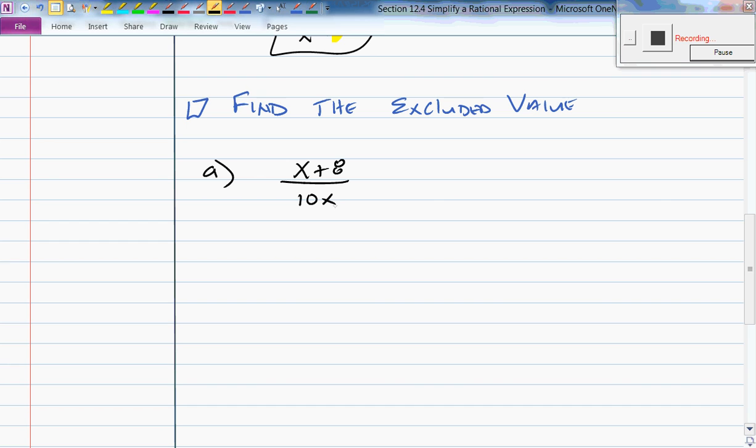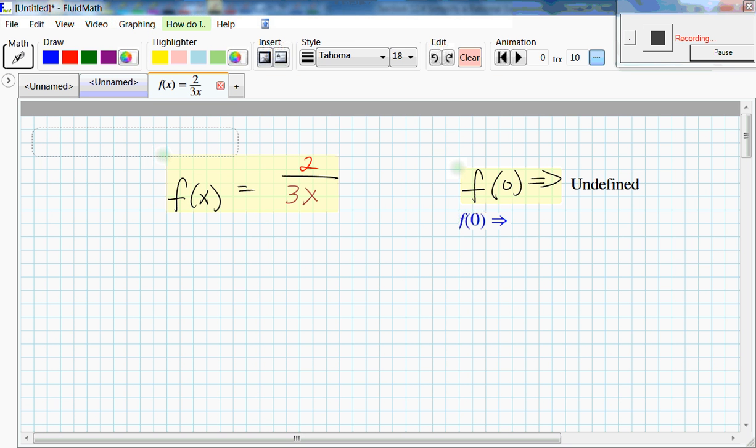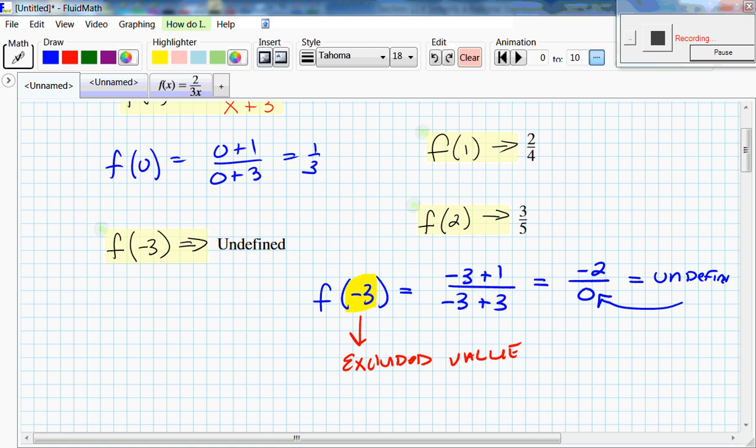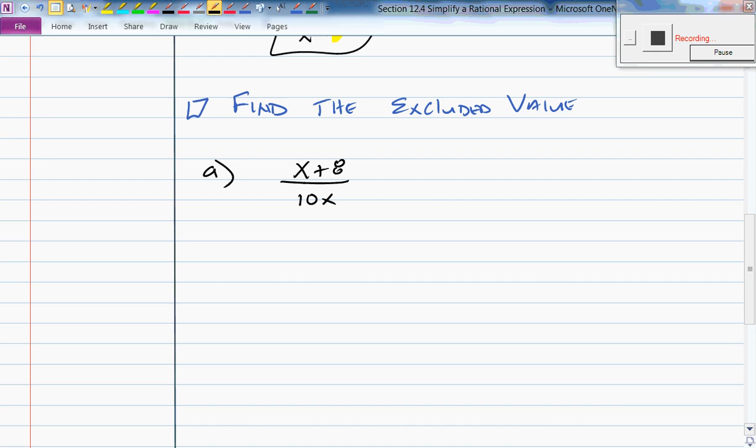What is the excluded value? Remember, we're looking for the undefined part. Michael, what do you think it is, buddy? Why do you say that? Right. So the way that we write that, we say x cannot be 0. Very, very good.